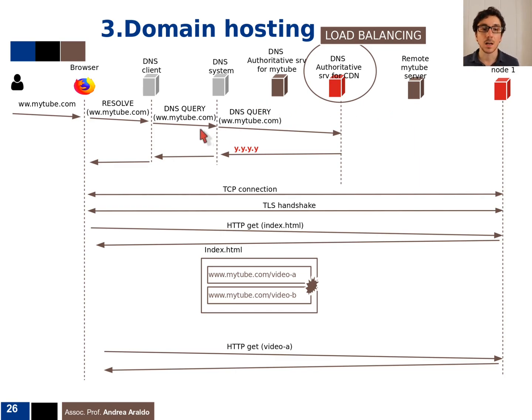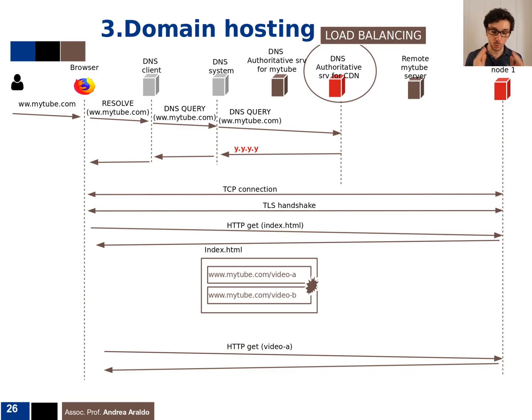Let's see how this is implemented. As usual, there is a DNS query coming from the browser of the user, and actually this DNS query goes directly to the DNS server of CDN. How is it possible? Well, this means that CDN is hosting the domain of MyTube.